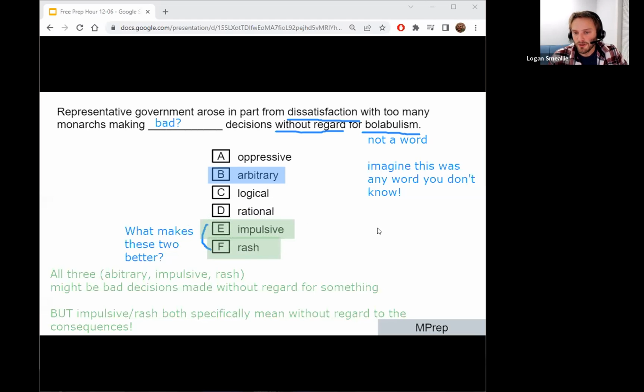And I want to point out a couple of things before we go on and do some more. One is that we had at least 3 or 4 words that could make sense in the blank. I think this government's decisions could be oppressive as well. But only two really matched each other very well. Then there's also this: logical and rational.